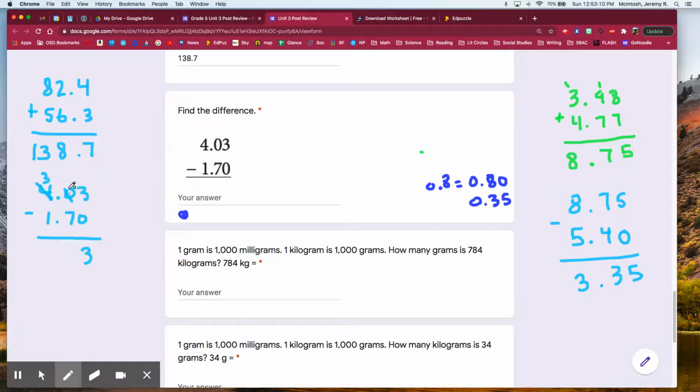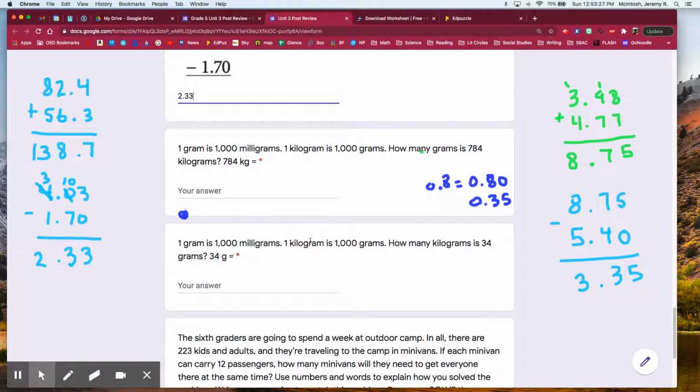So the 4 becomes a 3. The 0 becomes a 10. Now I can subtract 10 minus 7. That's a 3. Decimal comes down. 3 minus 1 is 2. 2 and 33 hundredths.